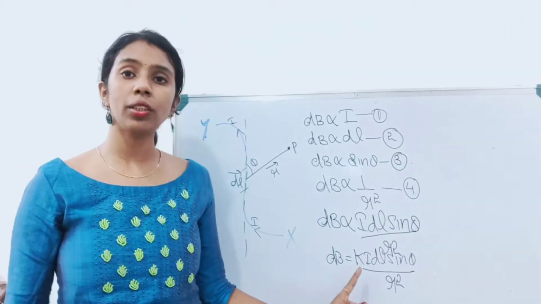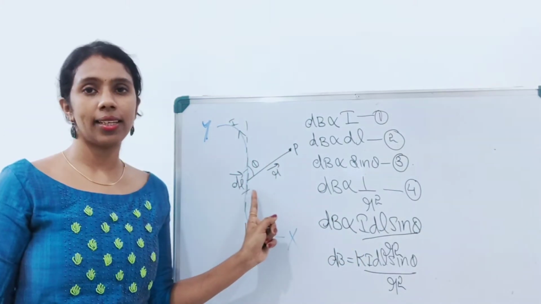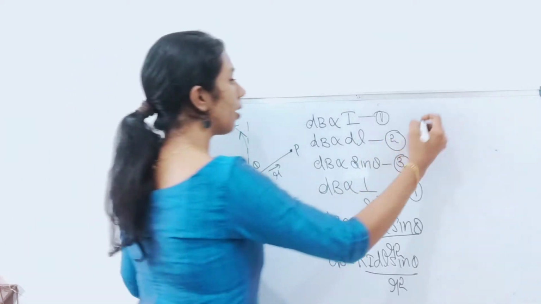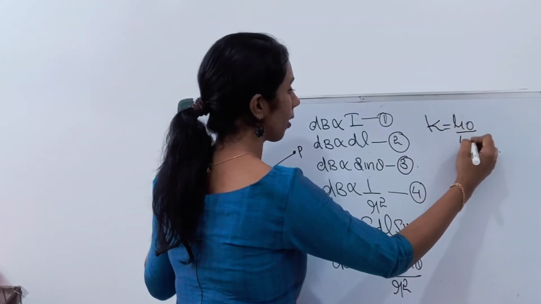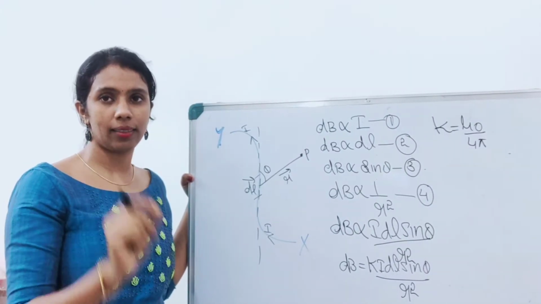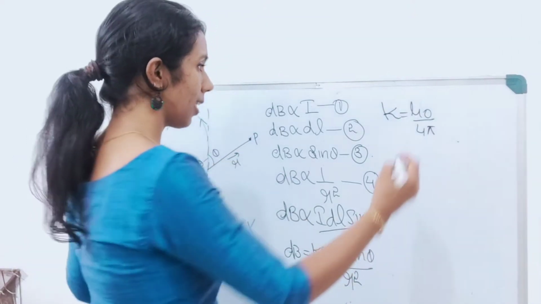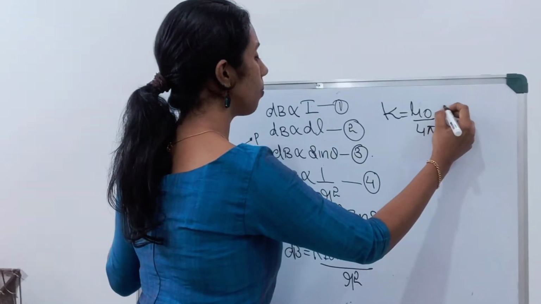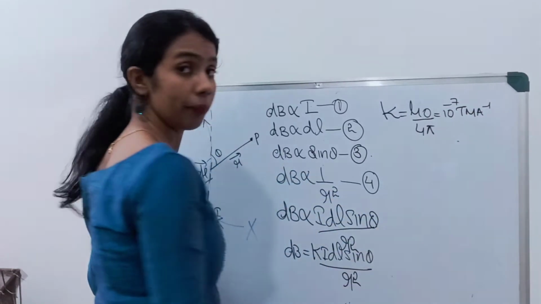So it depends upon the unit as well as the medium in between the point P and the current element dl. Here the proportionality constant is equal to mu 0 by 4 pi, where mu 0 is known as the permeability, and the value of mu 0 by 4 pi is equal to 10 raised to minus 7 Tesla meter ampere raised to minus 1.